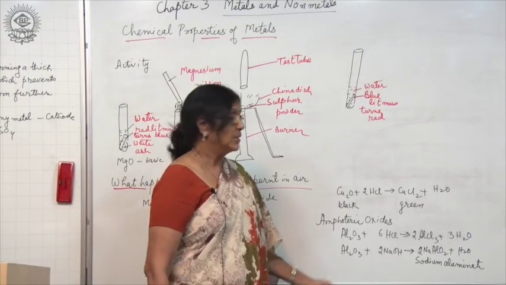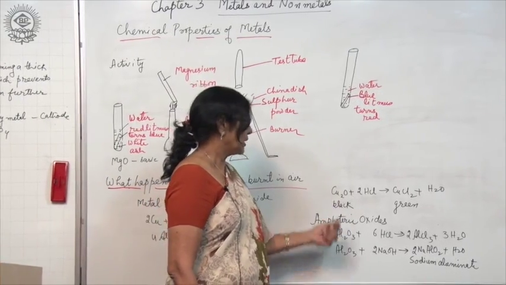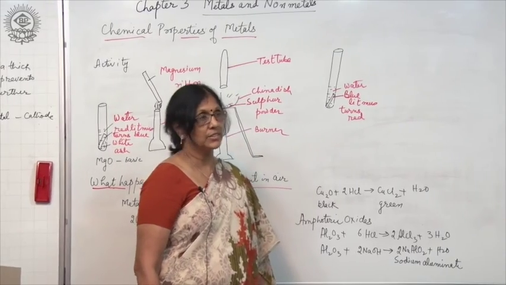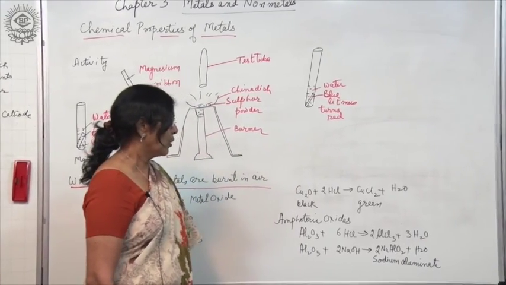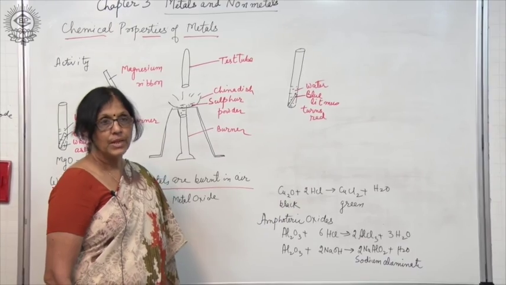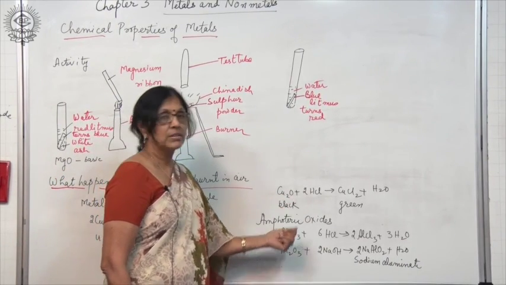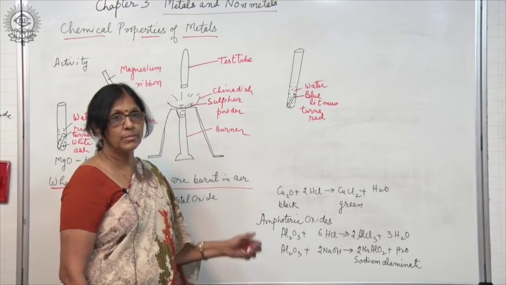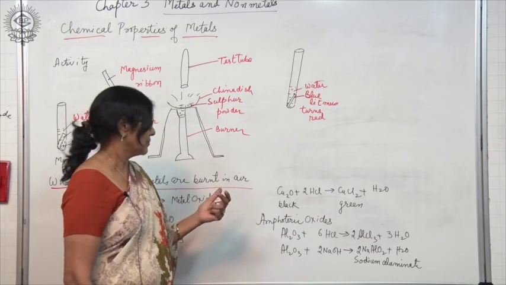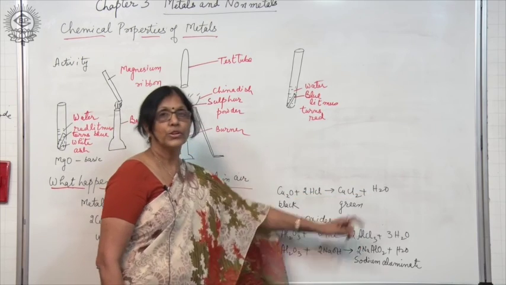Also, we have studied that metal oxides react with the acids and form salt and water. So, metal oxides behave as basic oxides or behave as bases and form salt and water.